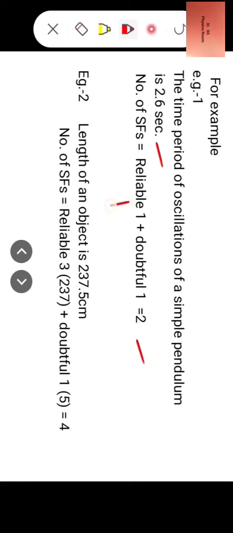A reliable 1 means 2, doubtful 1 means 6. Example 2, length of an object is 237.5 centimeter. So the number of significant figures is reliable 3, that is 237, plus doubtful 1, that is 5. So the total number of significant figures is 3 plus 1 equal to 4.